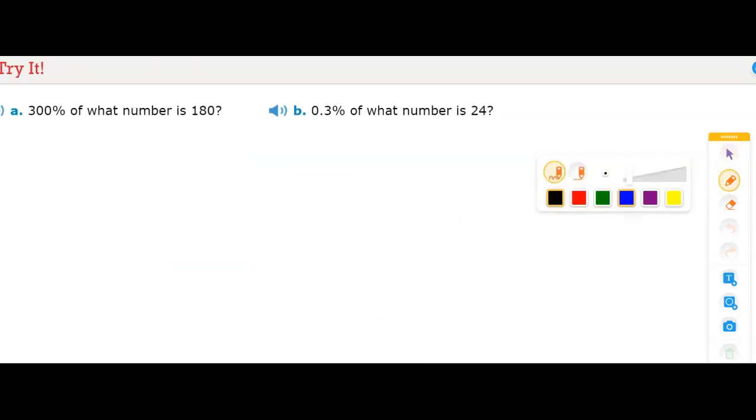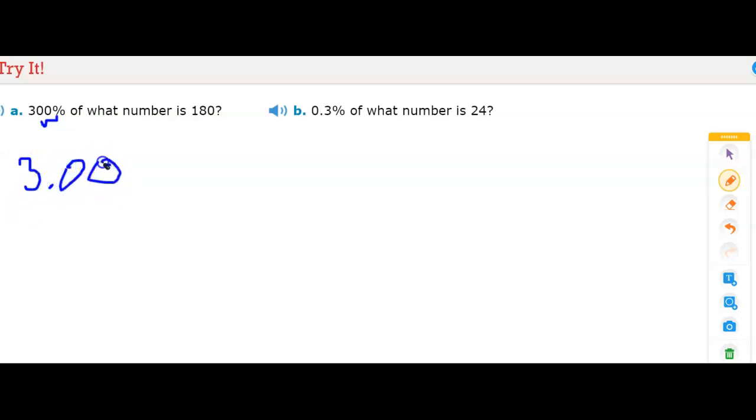300% of what number is 180? Let's immediately take this 300% and make it a decimal. We take the invisible decimal and move it over 2 spaces, so we have 3.00.